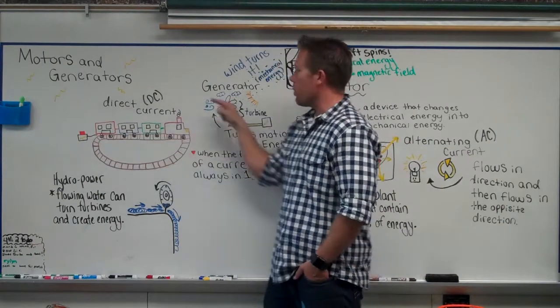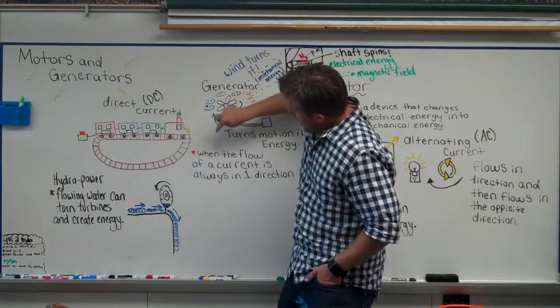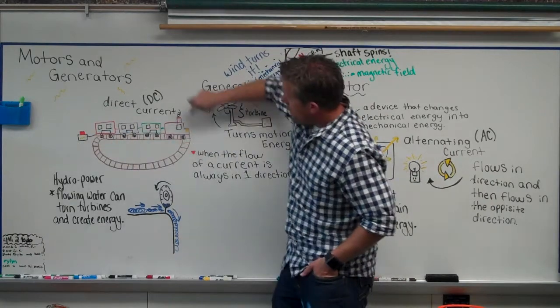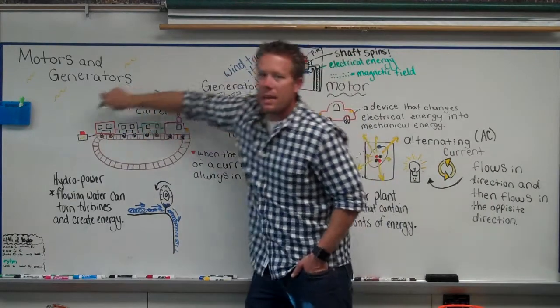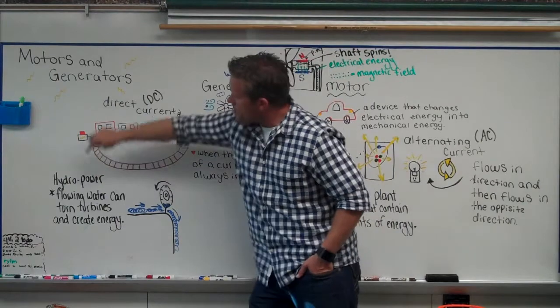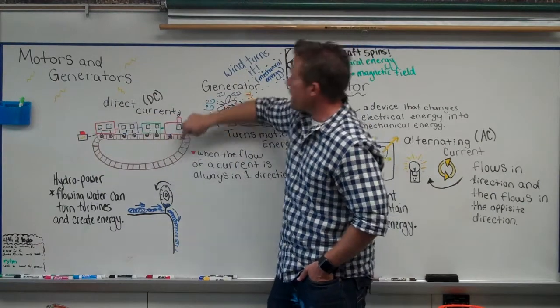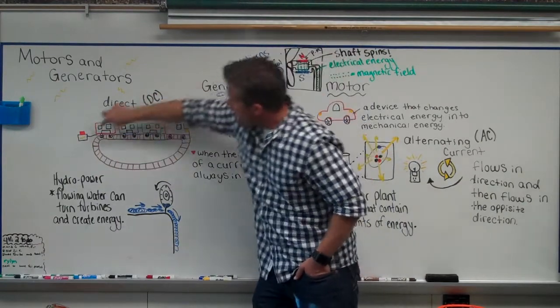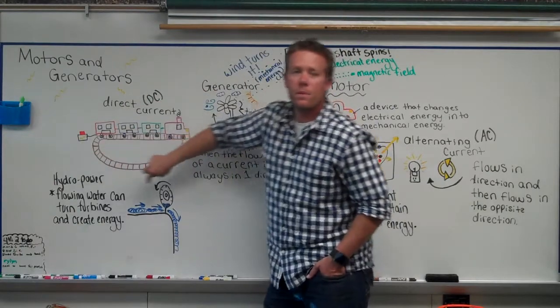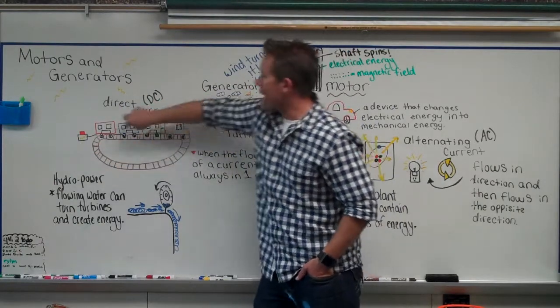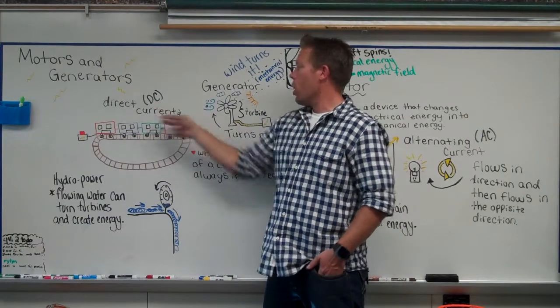So you can see it's always going, it's not going backwards. It's always going in the same direction. It's not all of a sudden going backwards. No, it's a direct current. It always goes through, okay, in one direction. That's called a DC or direct current.